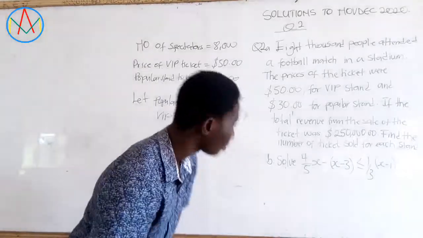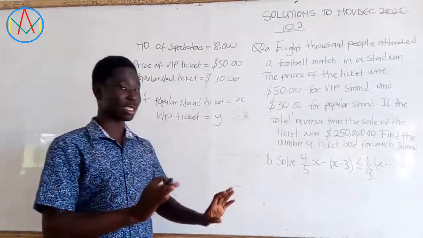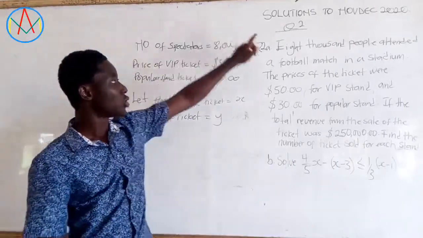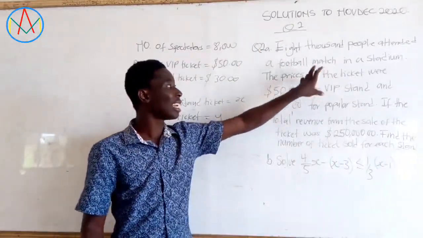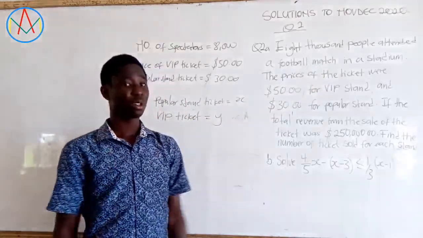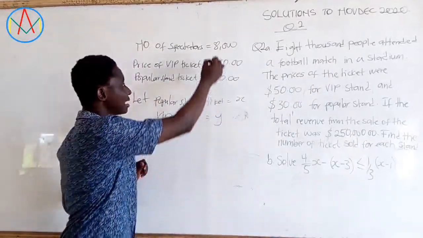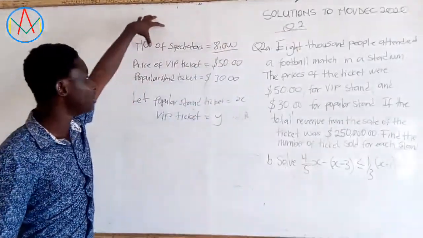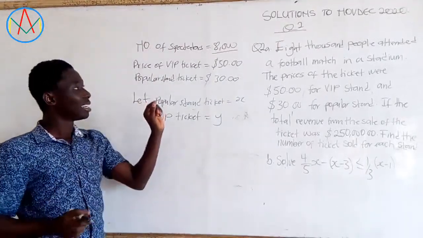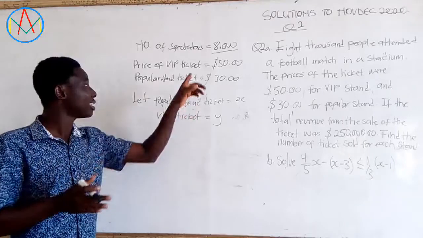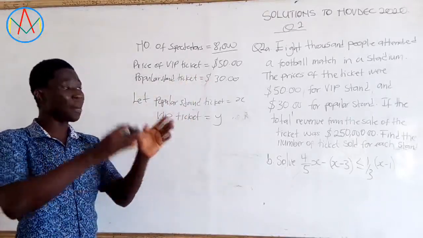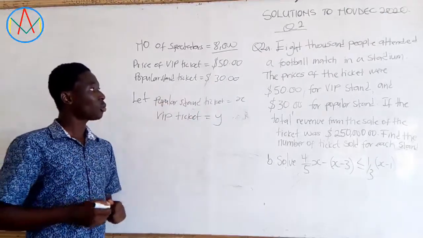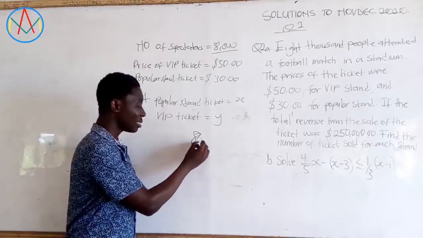So now let's read the question once again and figure out our necessary equations inside the question. So we are having 8,000 people attending a football match in the stadium. So these 8,000 people who attended the football match, it means that we are having people in there that bought VIP stand, and another people also bought popular stand tickets.